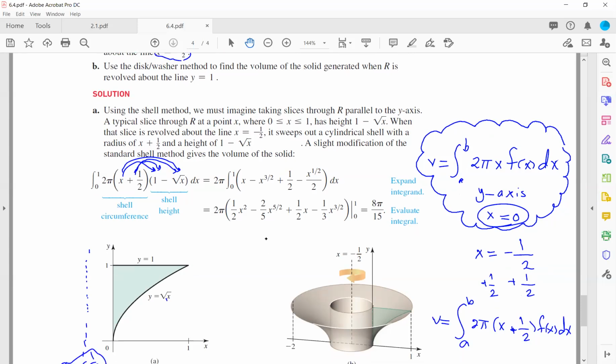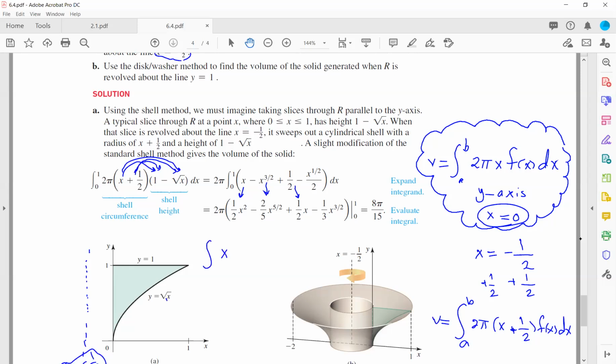The integral of x is a half x squared. The integral of x to 3 halves gives you 5 over 2 x to 5 halves. So you can flip the fraction and you get 2 over 5 x to 5 over 2. And the integral of a half is a half times x. The integral of x to a half by adding 1. So let me write these down here for you.